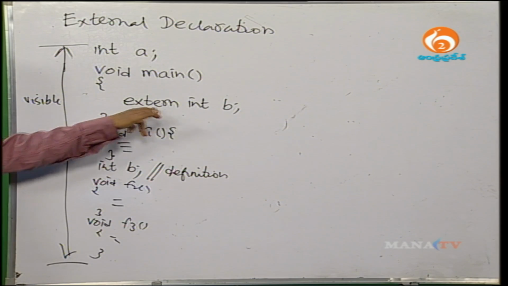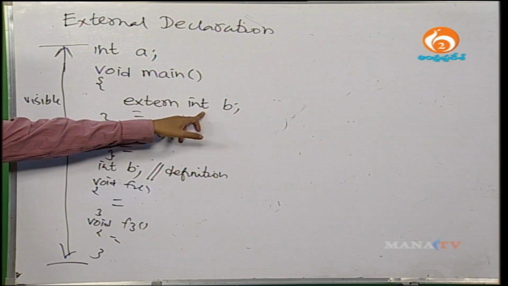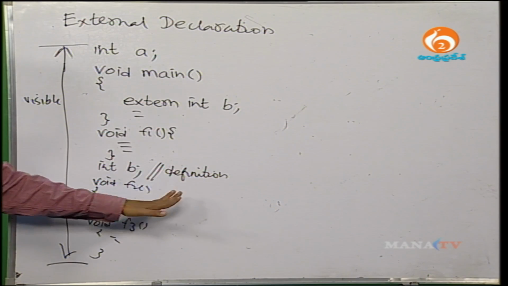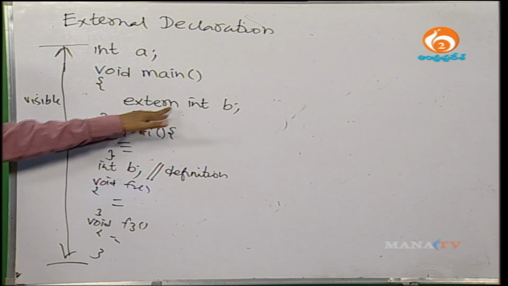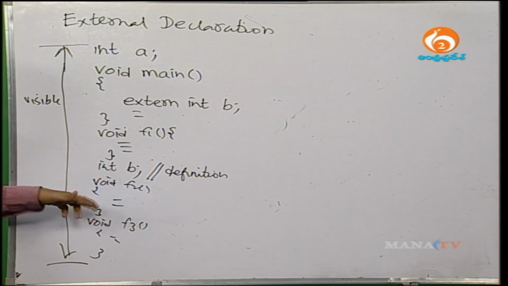So here, external declaration extern int b means this b can be reused. The same memory location can be reused in some other places also. That is the use of the extern keyword.